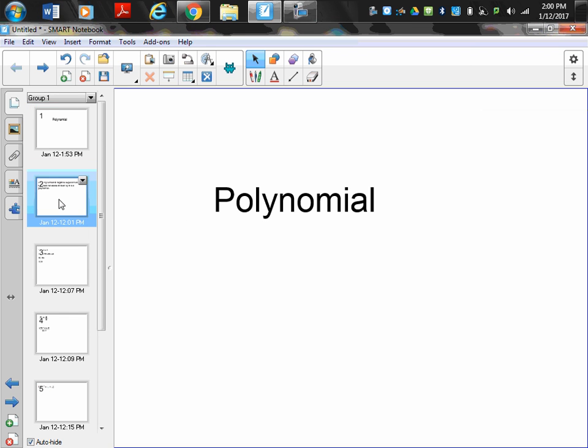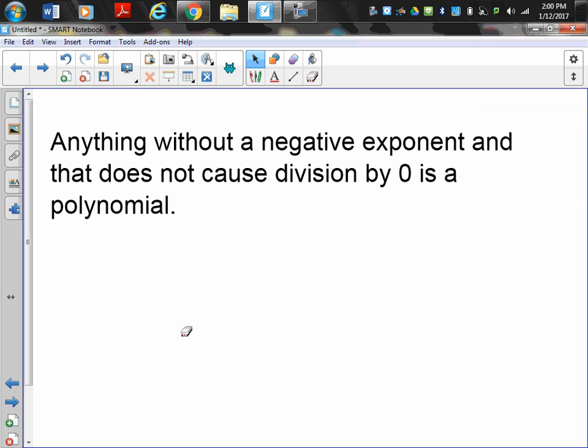Right, so a polynomial. What that actually says is anything, any number or variable that does not have a negative exponent and does not cause division by 0 is a polynomial.